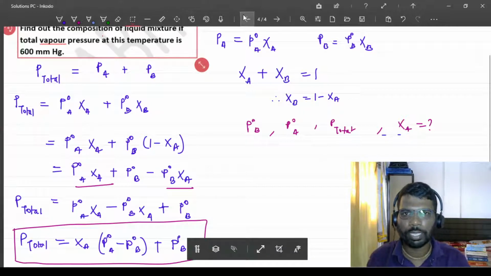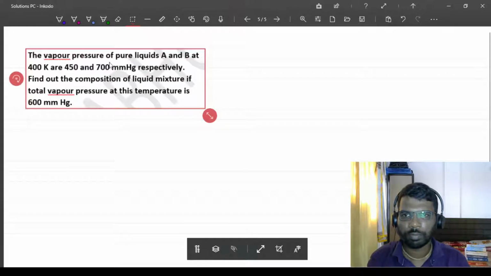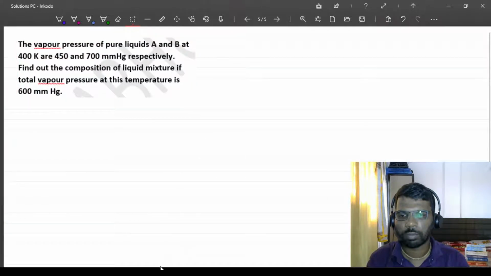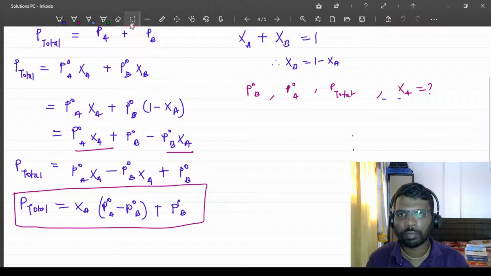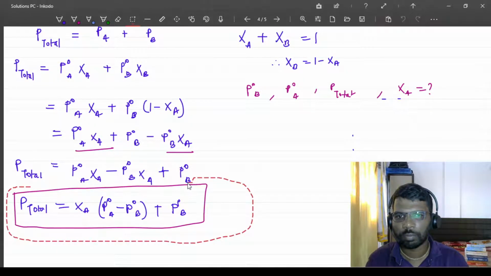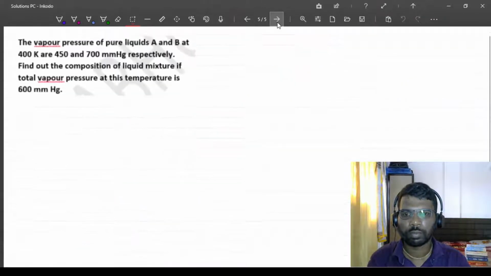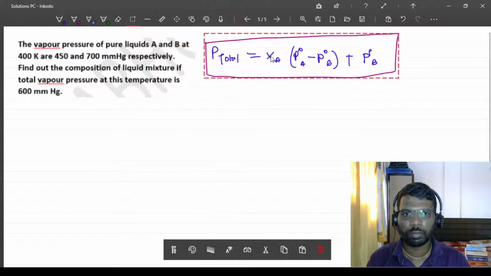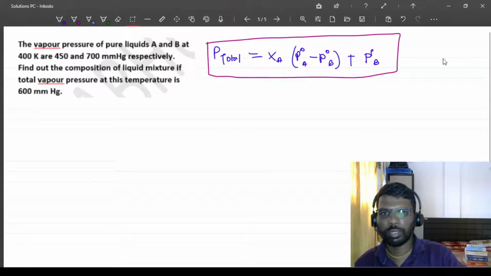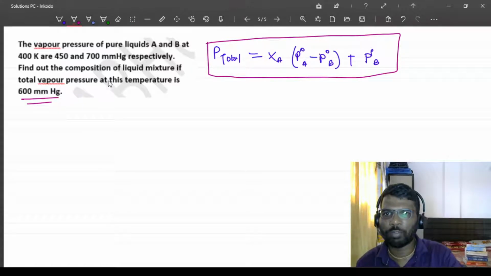Let's take this to the next slide. And this is our formula. So here P total is given to be 600 mm of mercury.